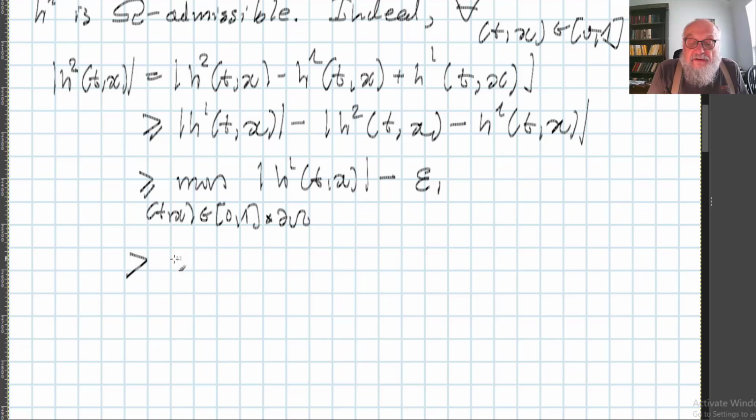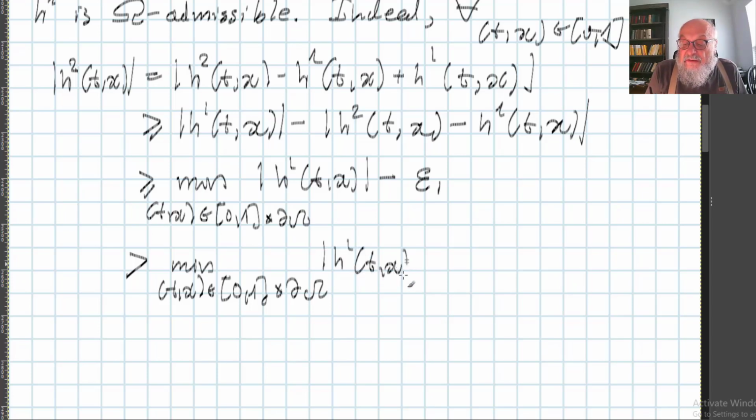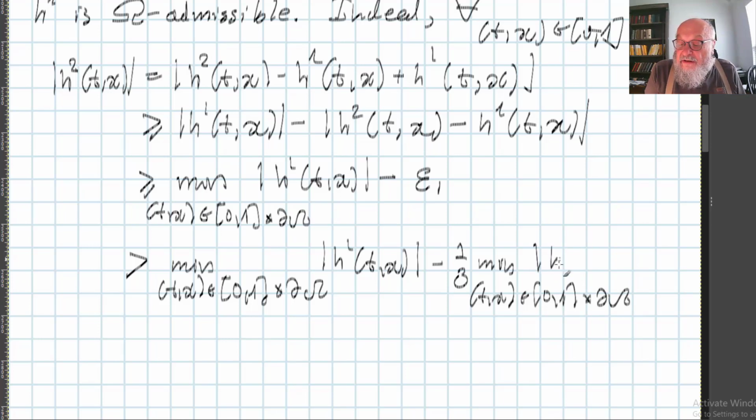This is strictly larger than the minimum of |H1(t,x)| minus 1/3 of that minimum.